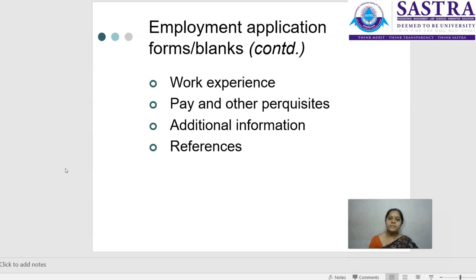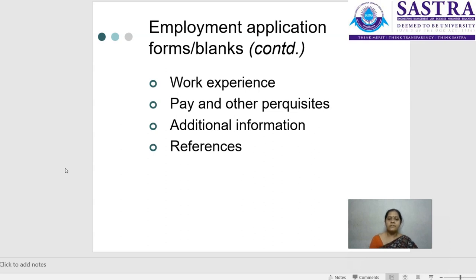And the next one is additional information, like participation in NSS, participation in sports, extracurricular activities, and cultural activities. They can also have nation building activities such as NSS and NCC. If he is a member in all such things, they can mention those under this additional information.